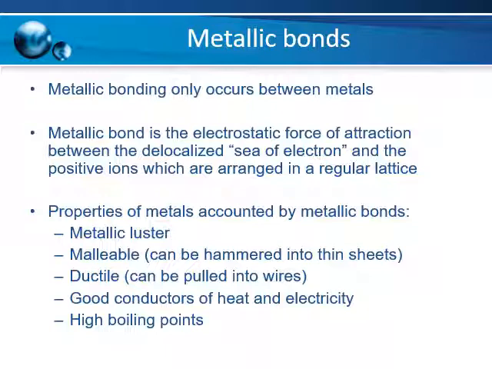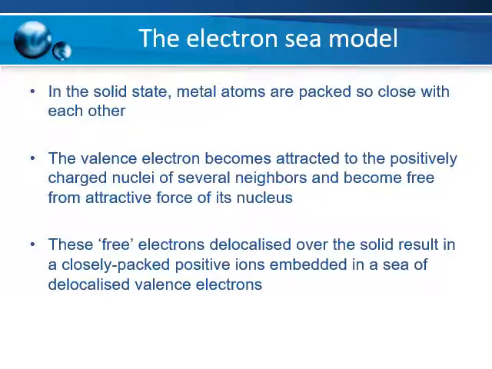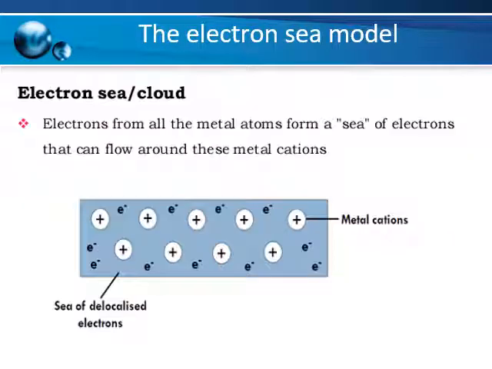It is a good conductor of heat and electricity, and it has a high melting point. The metal atoms are packed so close to each other that valence electrons become attracted to the positive charge and become free from the attractive force. The free electrons delocalize over the solid, surrounded by ions embedded in the sea. So this is an example of an electron sea or electron cloud.